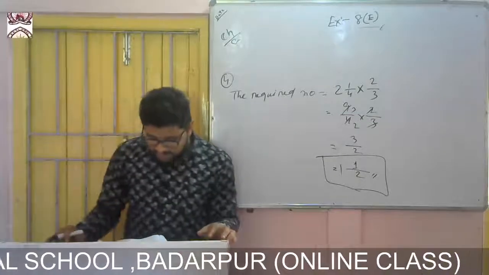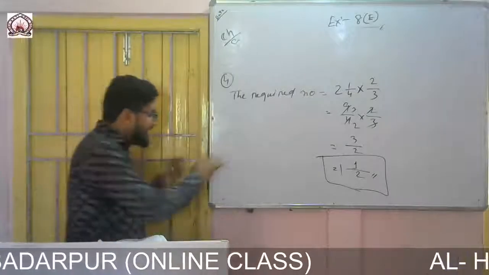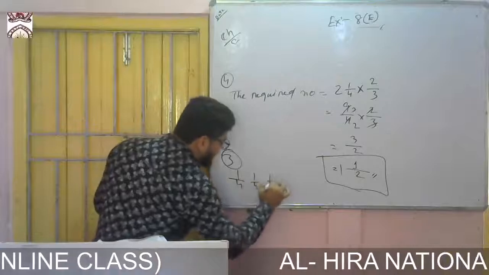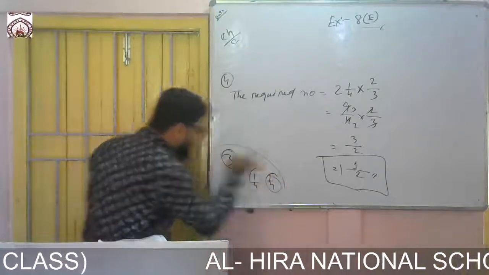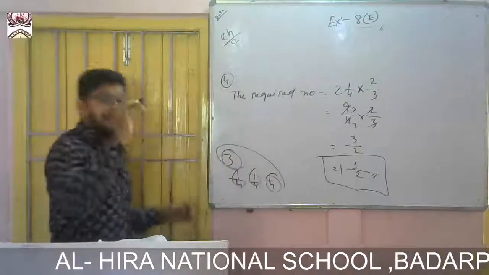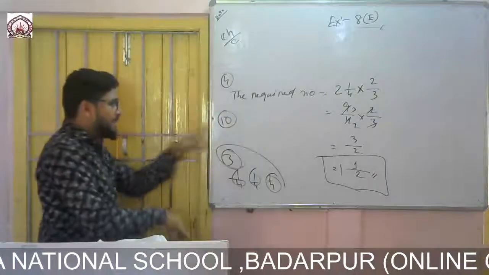Question number 5: how many 1/4 are there in 3? That means, in 3, how many 1/4 make 3? Suppose this is the number 10.